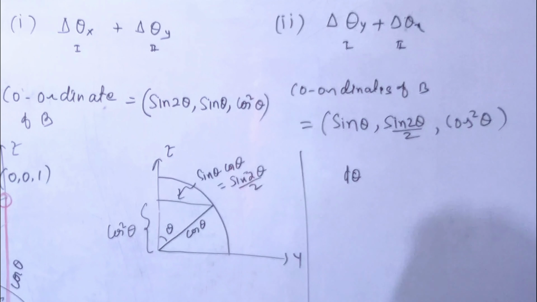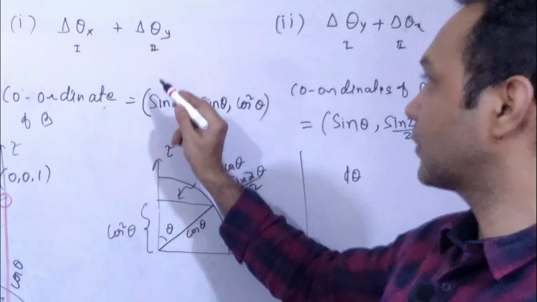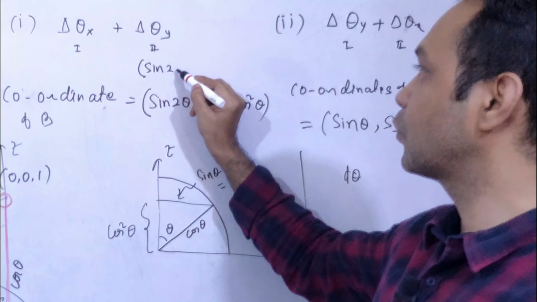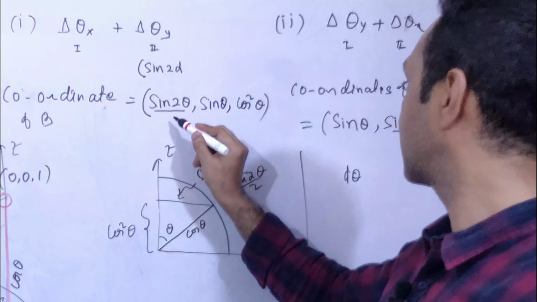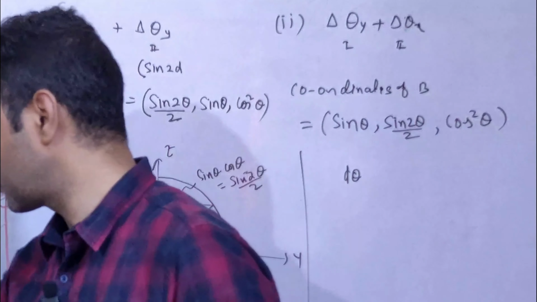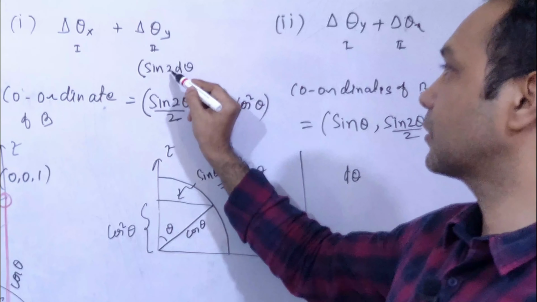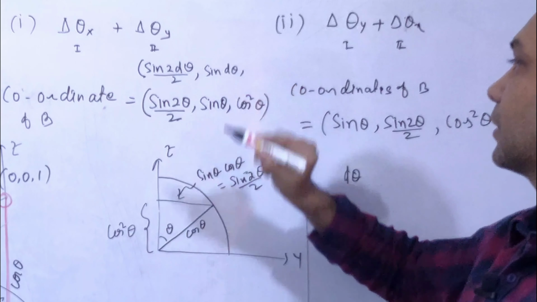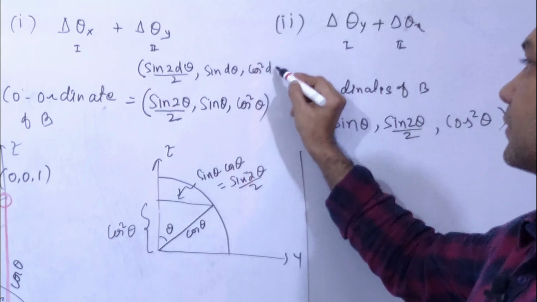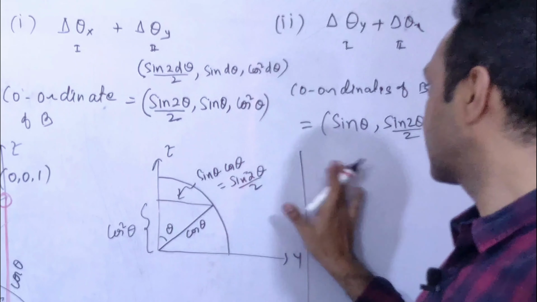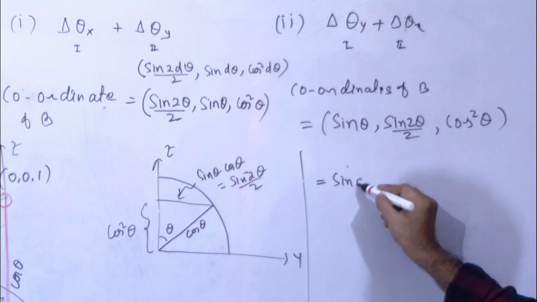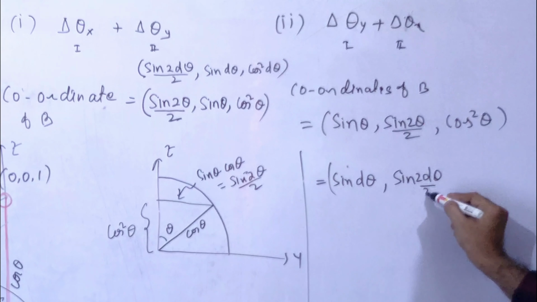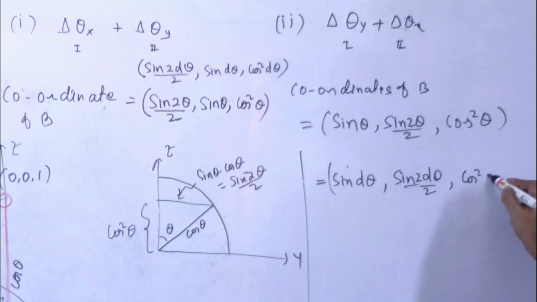Then this will become sin d theta, sin 2 d theta by 2, and cos square d theta.